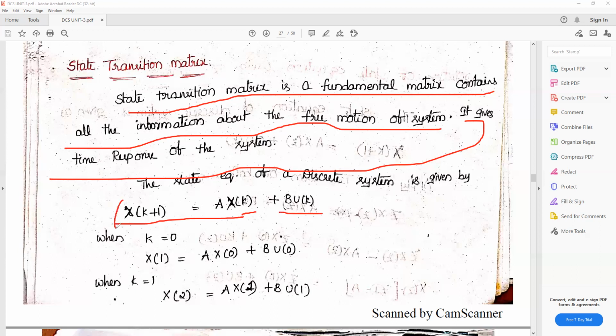When k equal to 0, x of 1 is equal to A into x of 0 plus B into u of 0.